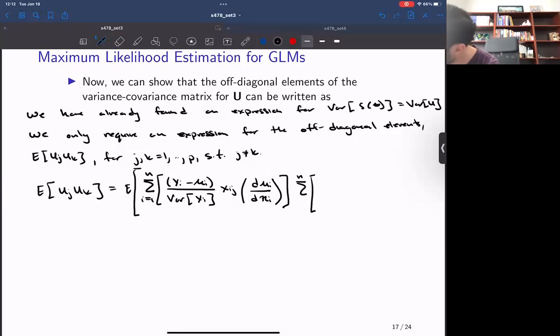Lowercase l doesn't look good, so we'll just say h.